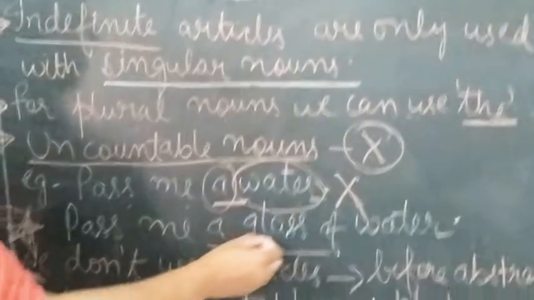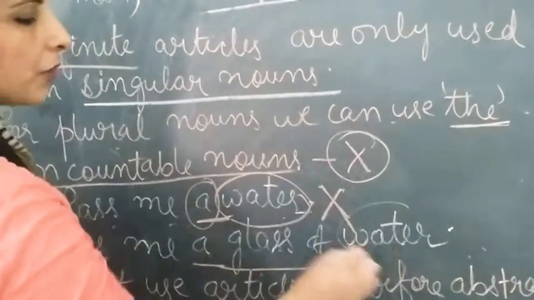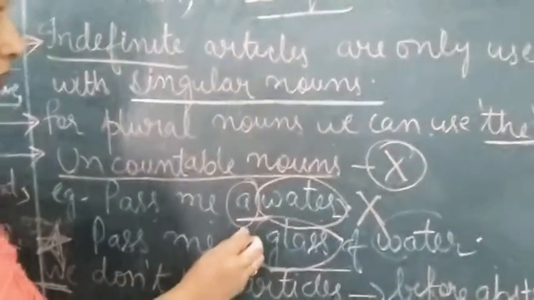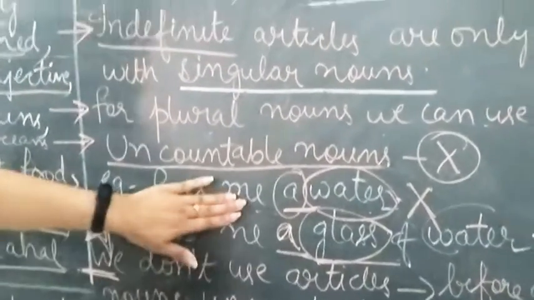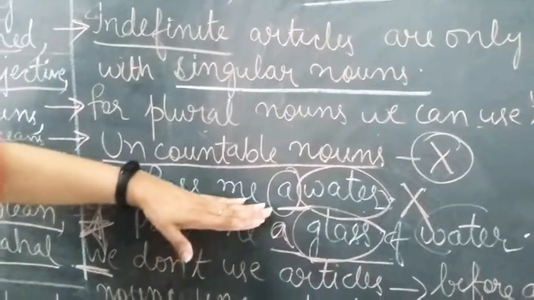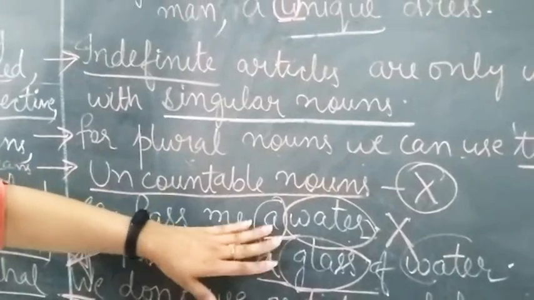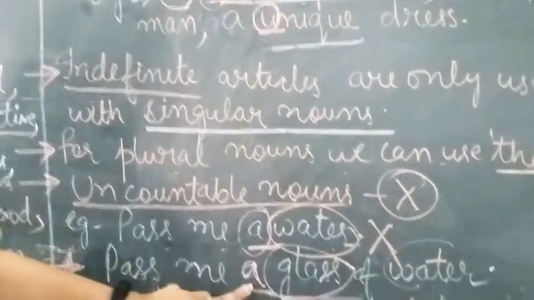Pass me a glass of water. Water is uncountable, but glasses we can count, so we have used the article a here. The basic motive is to explain to you that with uncountable nouns we don't use any articles. With countable nouns we can use them.